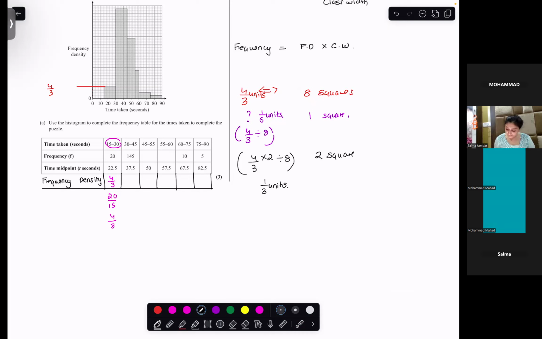Are you with me? So can you tell me, 1 unit would represent how many squares? I say 4 by 3 units represents 8 squares, right?